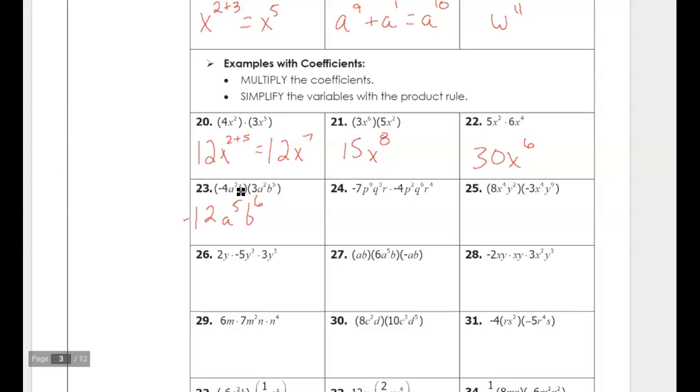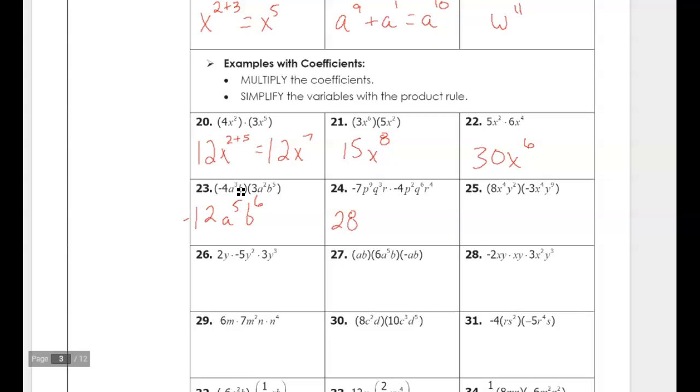But here, now we're starting to get to 3 different variables. And you'll notice if you compare 24 and 25, really it doesn't matter if there's a parenthesis or not. I could put a parenthesis there, and now it's set up just like 25. So there's more than one way to write these. So here we have 2 negatives equal a positive. So negative 7 times negative 4 is 28.